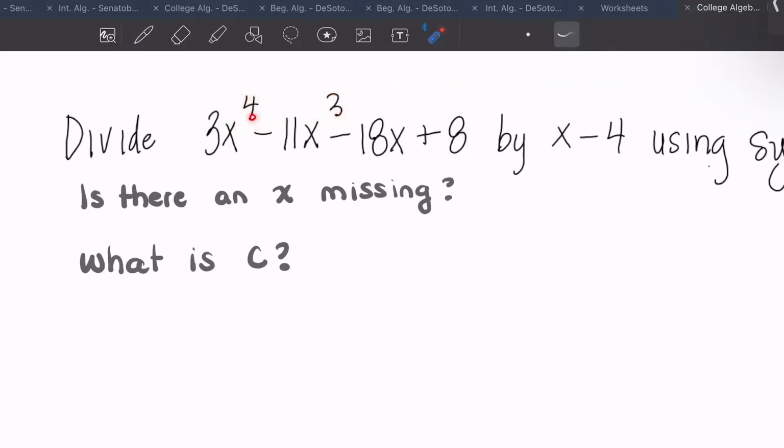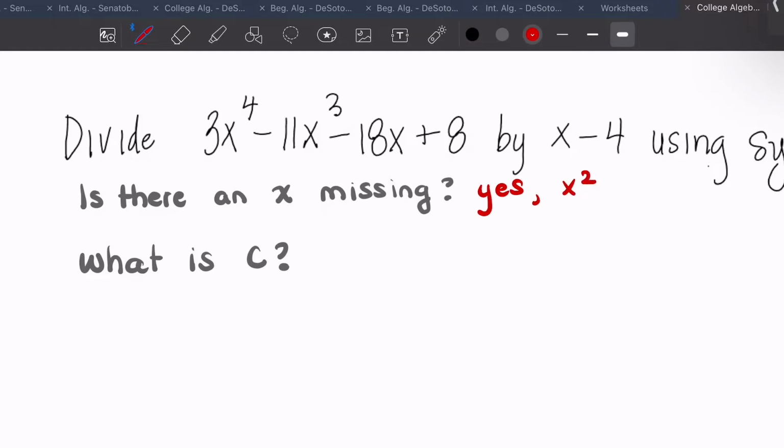And it goes 4, 3, 1, 0. Okay, so yes, we are missing a term, and it is the x squared term. I like to go in and draw 0x squared here. So when I'm looking at my polynomial for my coefficients, I see that red x squared up there, okay?